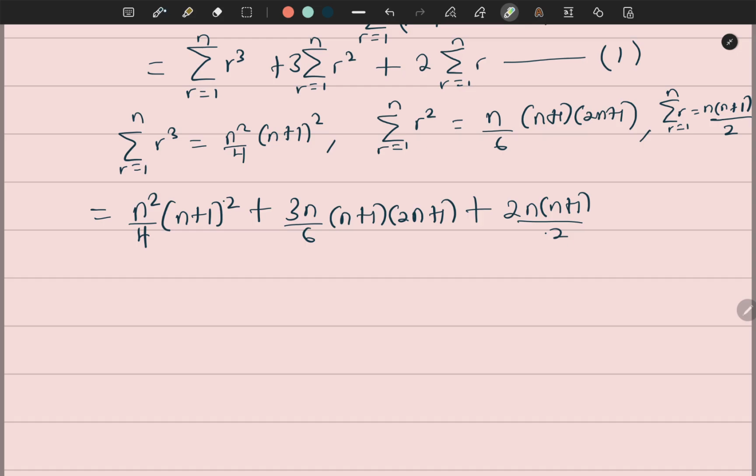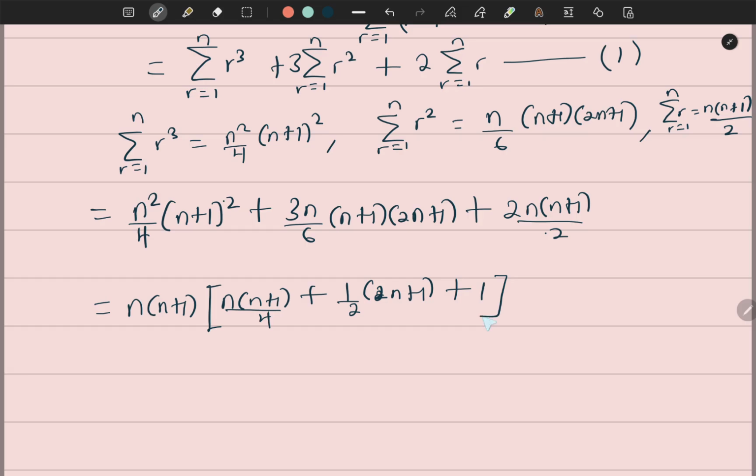So the best way to go about this is to factorize to bring out the common factor. That is going to be n times (n plus 1), then you use a square bracket: (n plus 1) over 4, then plus 3 over 6, which can be reduced to 1 over 2, times (2n plus 1). And the last term, since we factorized n and n plus 1, 2 over 2 is 1.